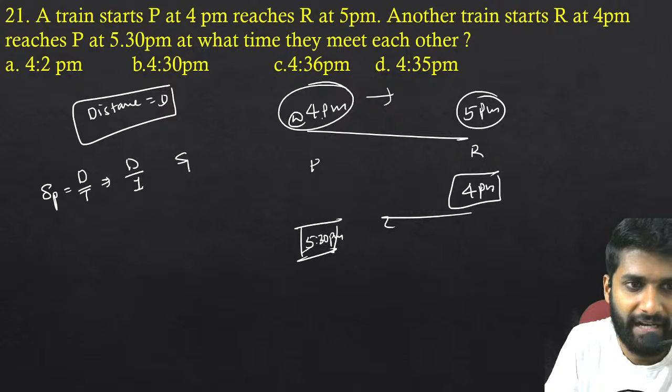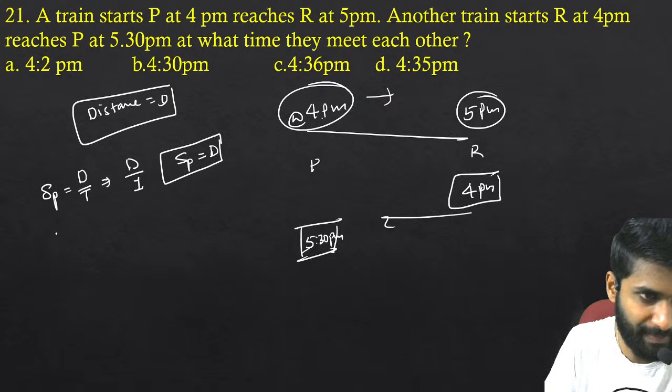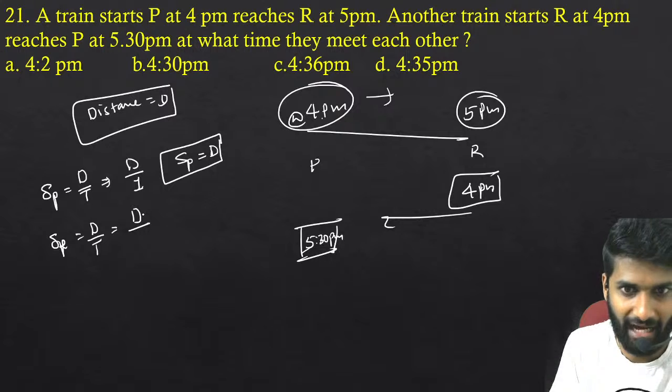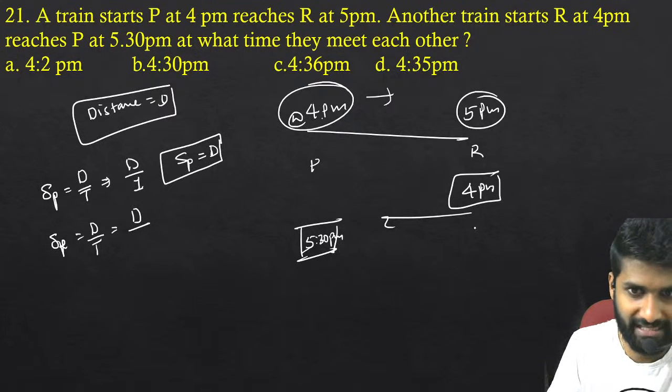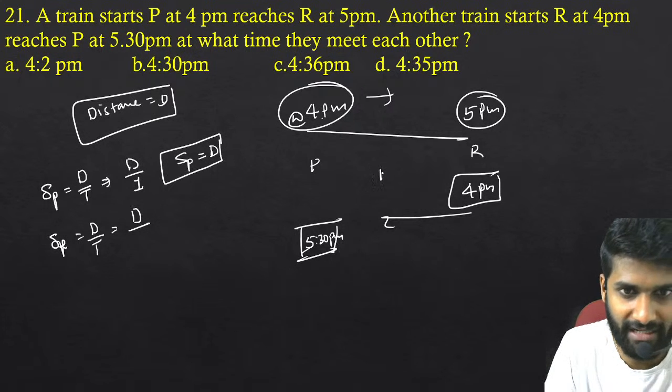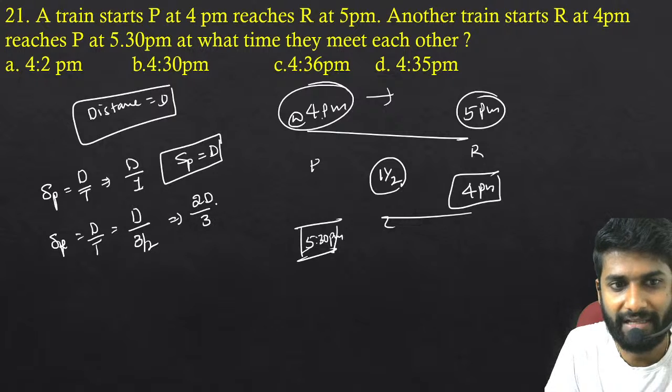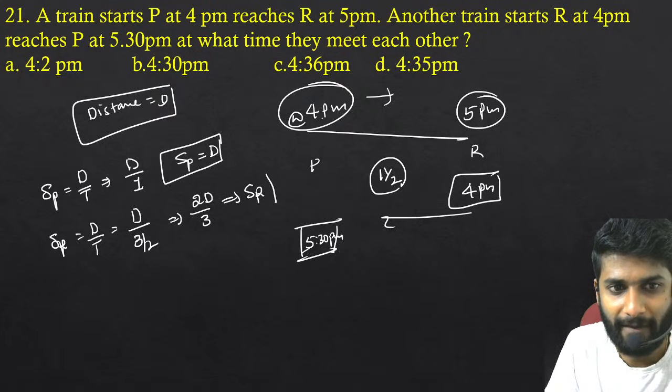So the speed of train P is D. I want the speed of R. Speed of R is D by T, where T is the time taken by train R. It starts at 4 p.m. and reaches at 5:30, so it takes 1 hour 30 minutes, which is 3 by 2. So the speed of R is 2D by 3.